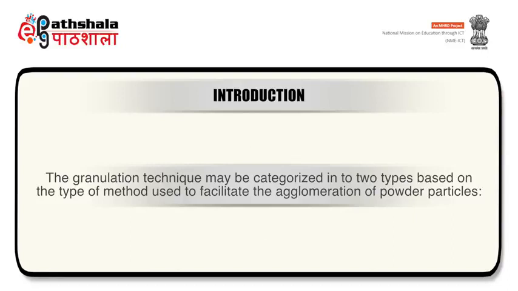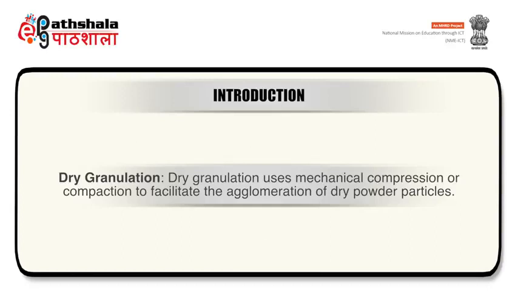The granulation technique may be categorized into two types based on the method used to facilitate the agglomeration of powder particles. First is dry granulation, second is wet granulation. Dry granulation uses mechanical compression or compaction to facilitate the agglomeration of dry powdered particles.